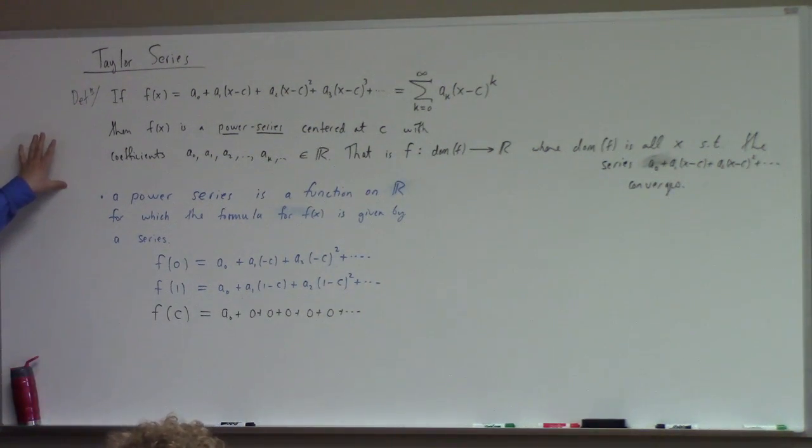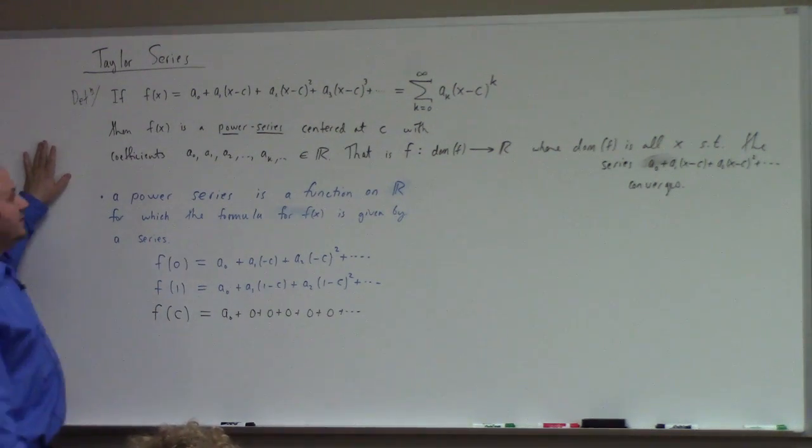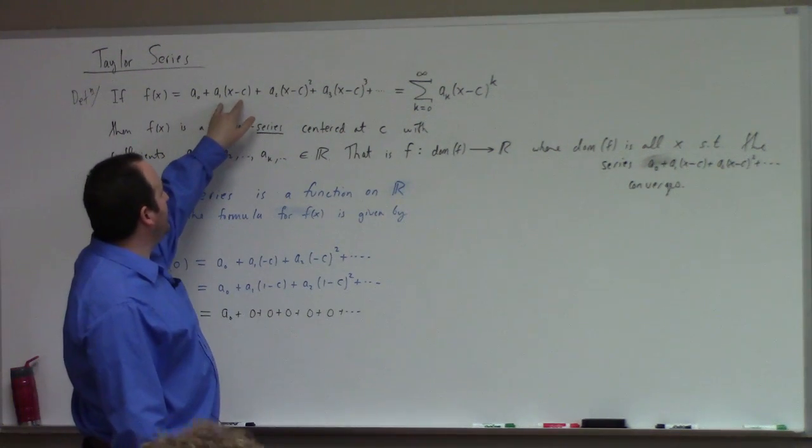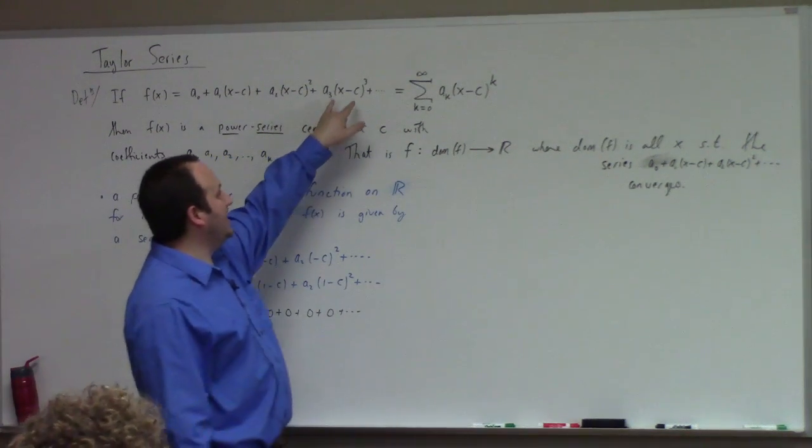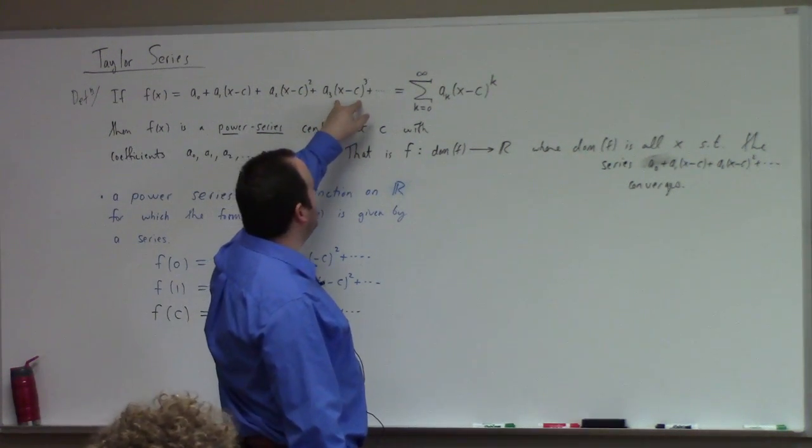If you have f of x equal to a naught plus a1 times x minus c plus a2 times x minus c squared plus a3 times x minus c cubed plus and so on.